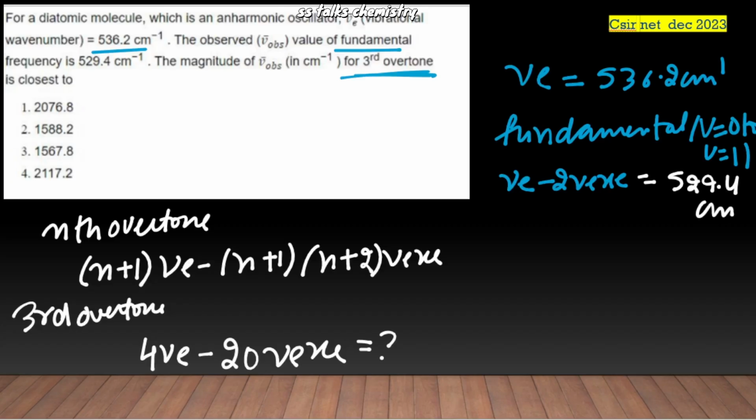529.4 cm^-1. So now you can substitute the omega_e value and find the value of omega_e x_e from this equation, and then we will substitute omega_e and omega_e x_e in the final equation that we want to find.